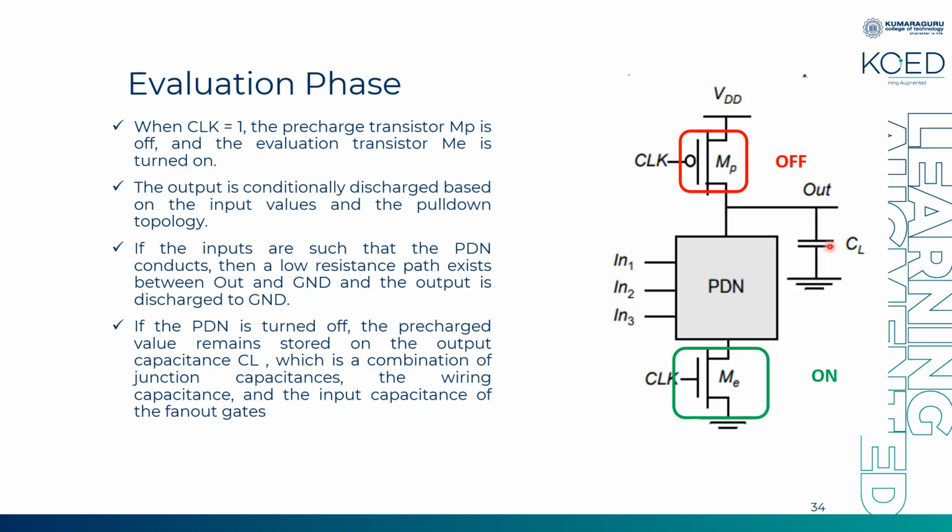All these capacitances will be calculated together as CL. And now the inputs to the gate can therefore make only one transition during evaluation. During the evaluation phase, after pre-charge, for the inputs fed into the PDN, only one transition is possible, either 1 to 0 or 0 to 1.